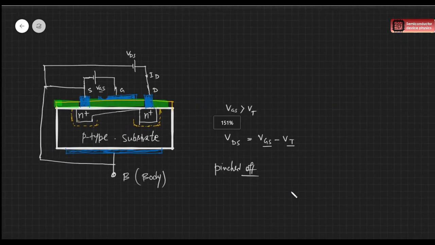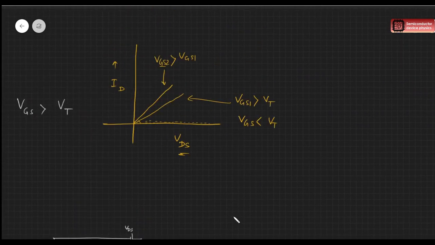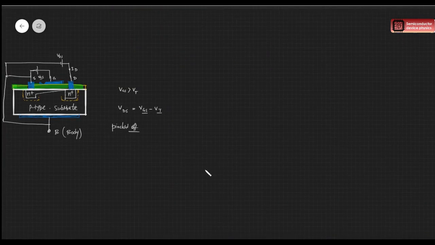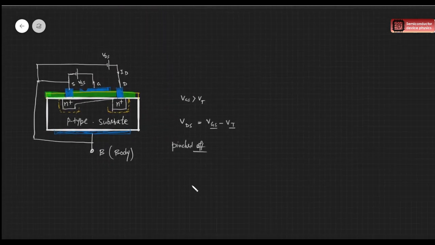So if you draw the complete IV characteristics, here we just drew IV characteristics for a very low value of VDS. Now in practice, when we keep increasing the drain voltage, I mean VDS, we'll see the IV characteristics.